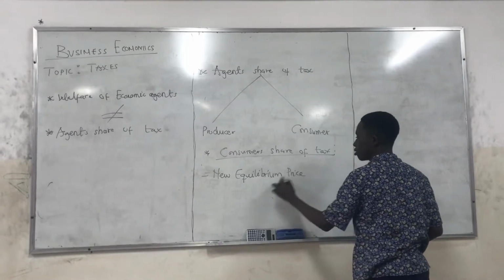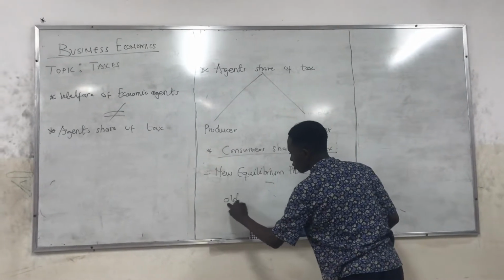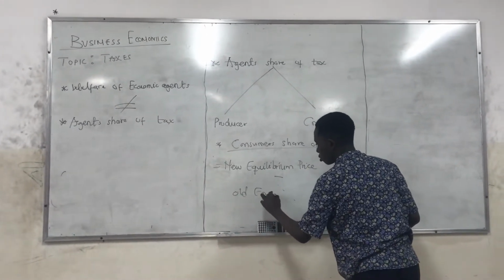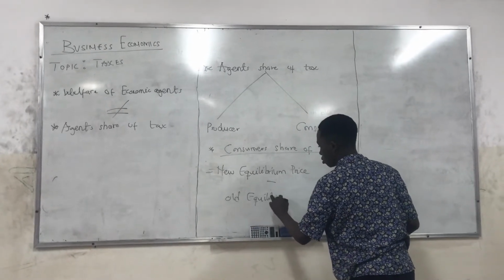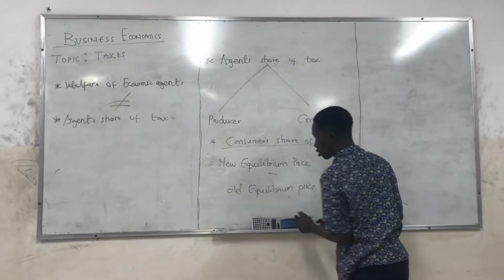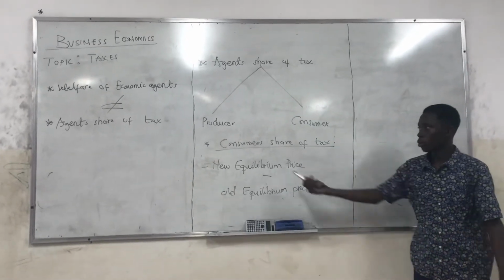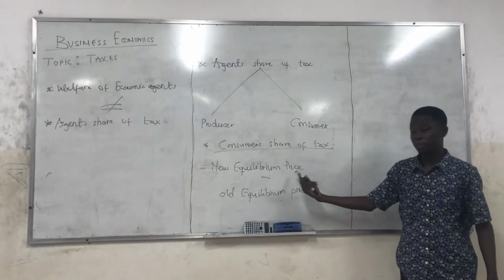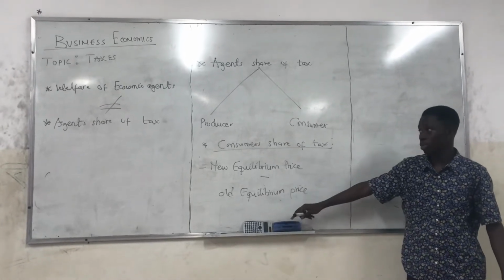So that is the formula for consumers' share of tax: new equilibrium price minus old equilibrium price.